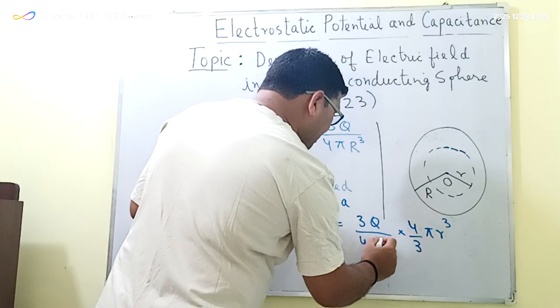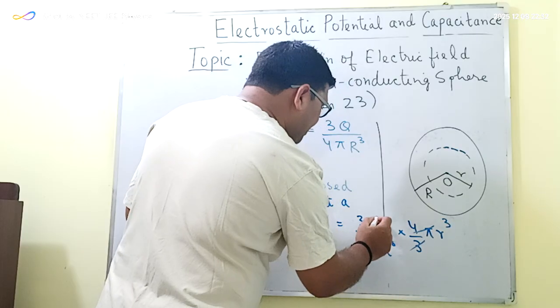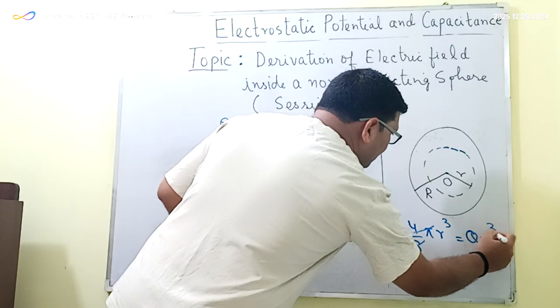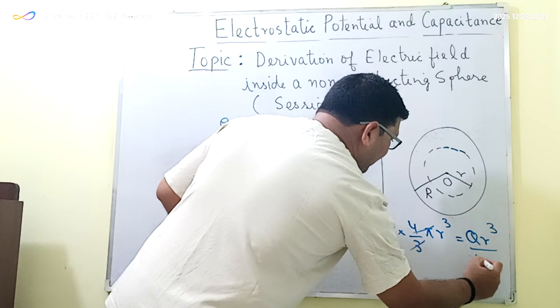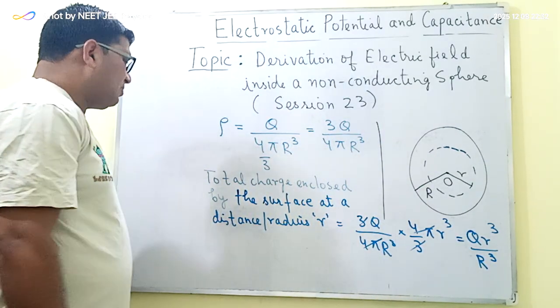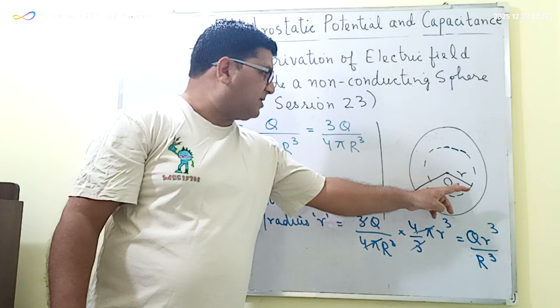From here, 4 pi and 4 pi get cancelled out, and 3 also gets cancelled out. So this will be equal to Q small r cube divided by capital R cube. This is the total amount of charge enclosed by this surface at a distance of small r from the center.